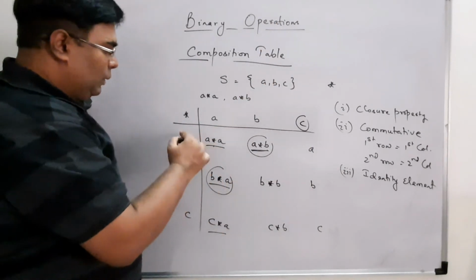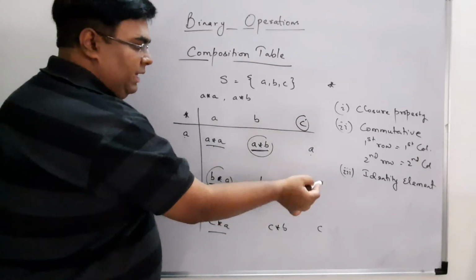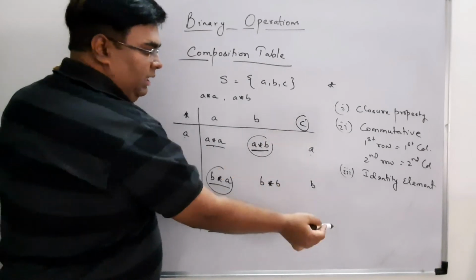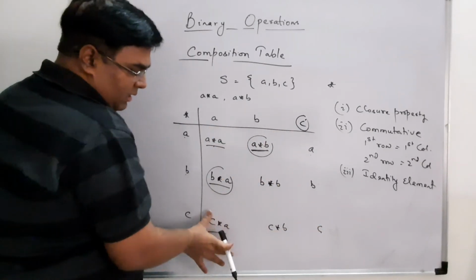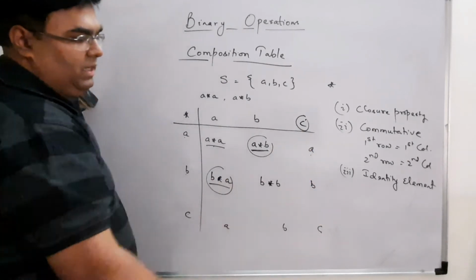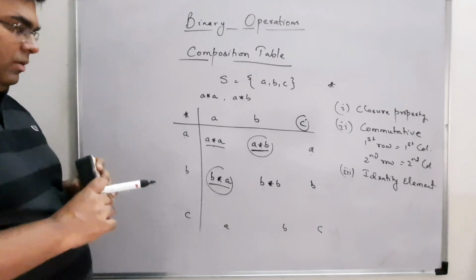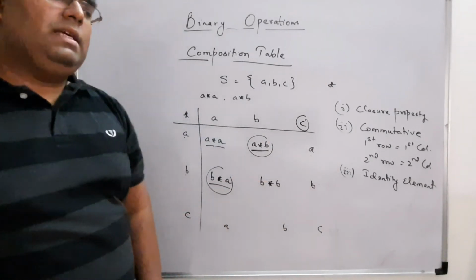Why? Because we are operating A by C and getting A, B by C and getting B, C by C and getting C. Similarly, if you operate C by A, B, and C, you will get A, B, and C, like this. So by looking at the table, you can find out these three things easily.